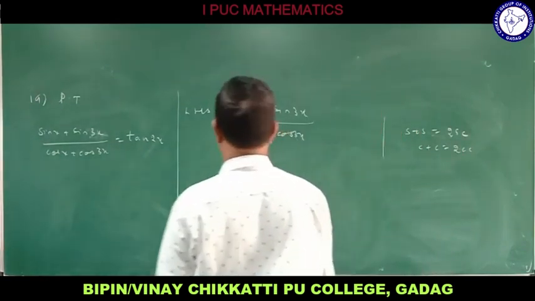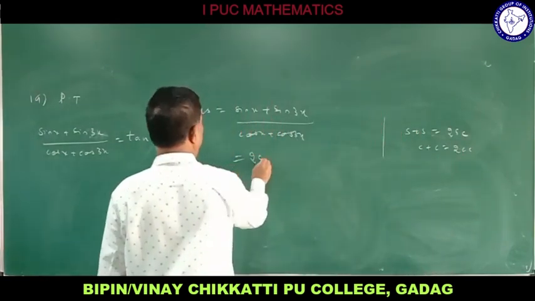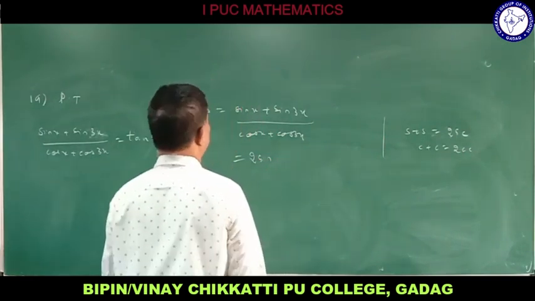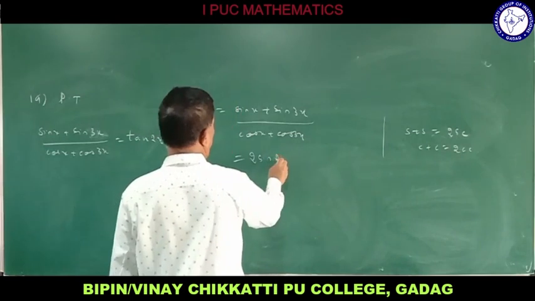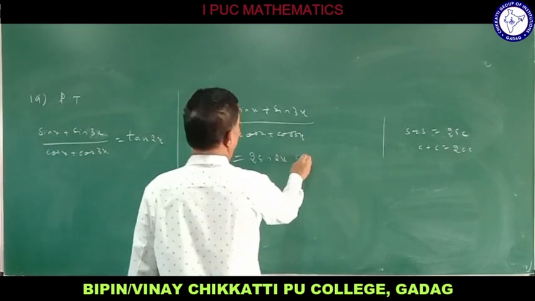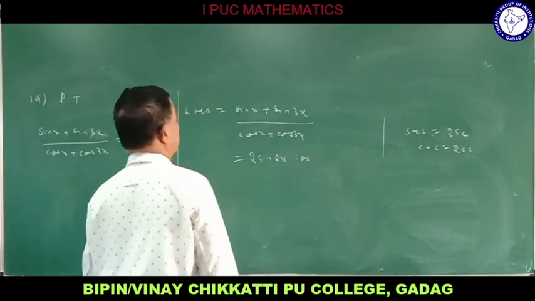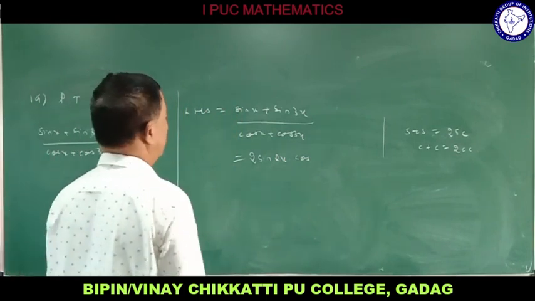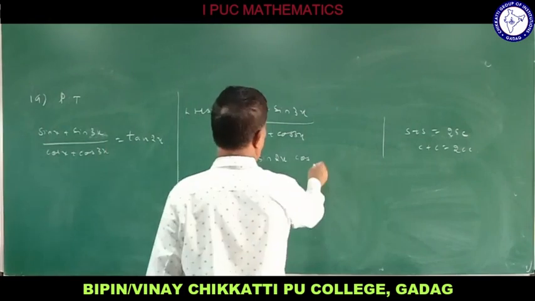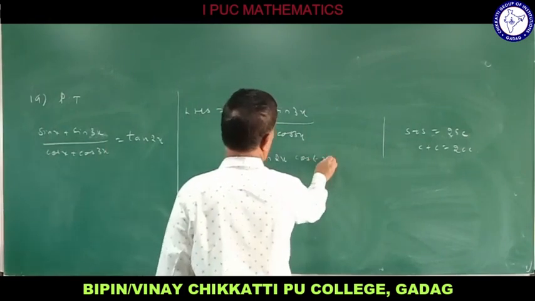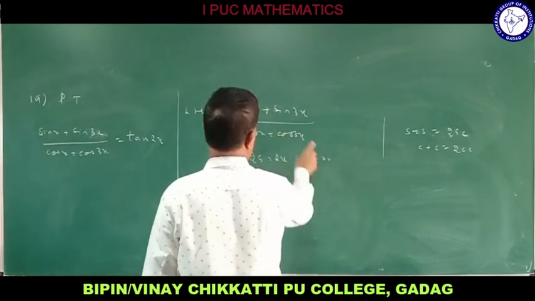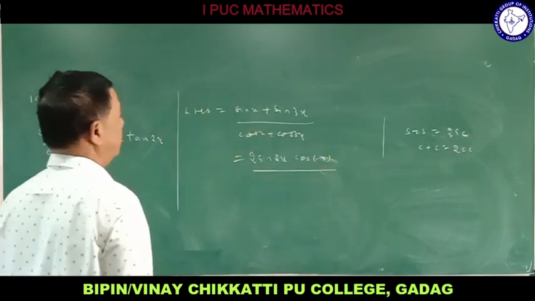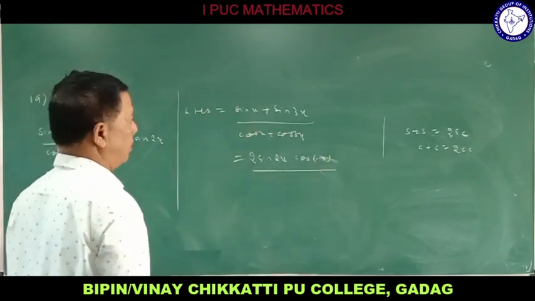The same formula once again. 2 sin of (x + 3x)/2, which is 2x, times cos of (x - 3x)/2, that is cos of minus x.